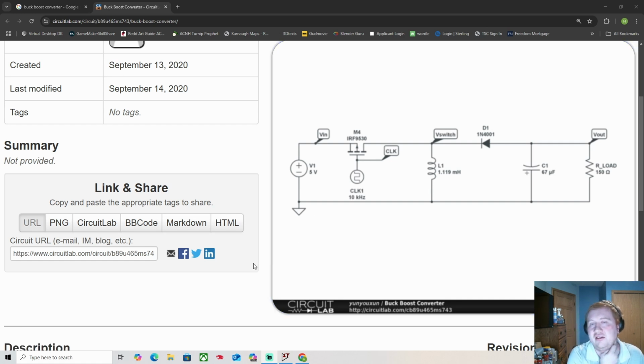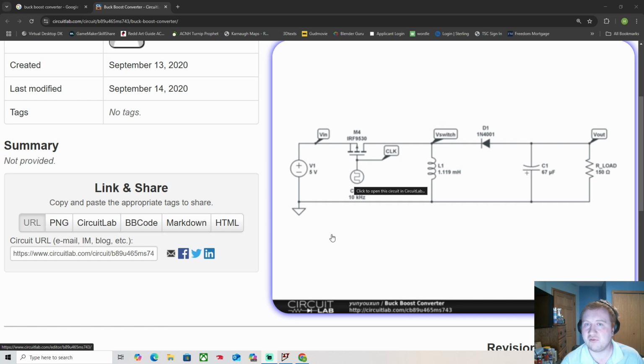I learned that you can literally just generate this through, like, a 555 timer, or even just an Arduino. You can get a square wave frequency into the gate of the MOSFET here. That's literally all this means. But it was never explained in class.